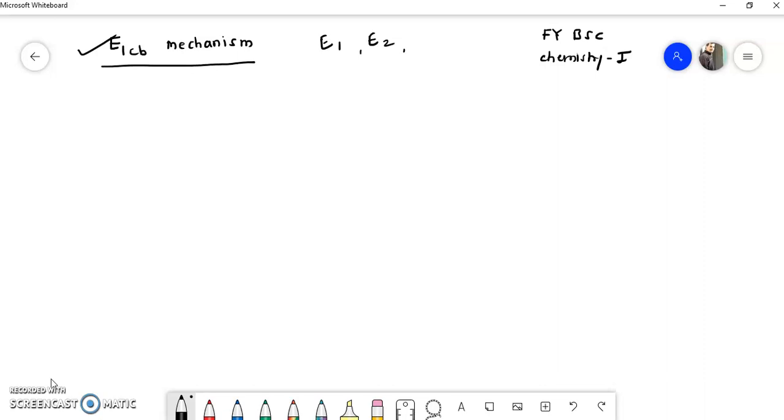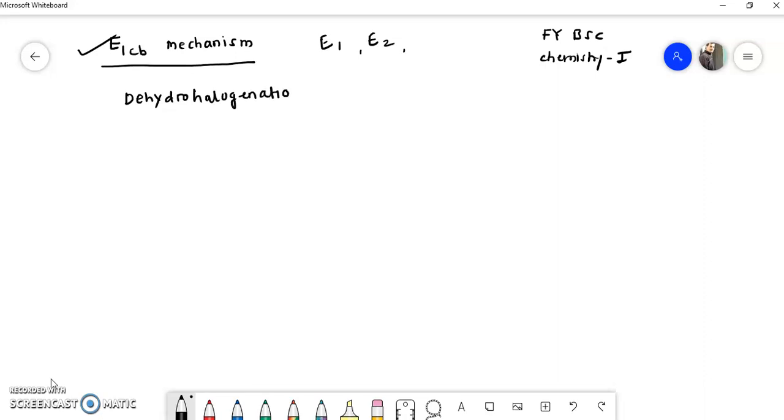mechanism. Now in E1 and E2 elimination we have taken the example of dehydrohalogenation of alkyl halides. Here also dehydrohalogenation of alkyl halides can be taken as an example.